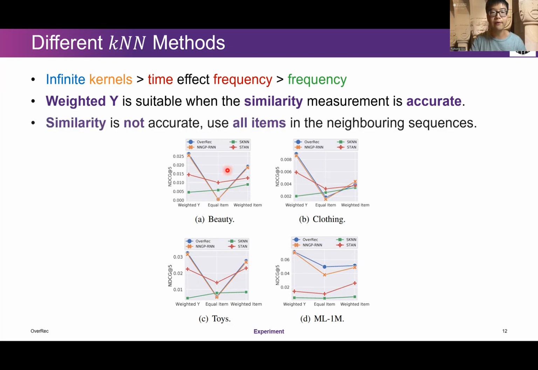But with the equal item or weighted item as the prediction, they are more suitable for not so accurate similarity measurements. For example, for SKNN and STAN, they are just using item frequency, so this kind of similarity measurement is not that accurate. In that situation, they need to use some other types of KNN method. In our method, the similarity measurement is accurate, so we can simply use the last item to do the prediction, and it can have a very good performance.